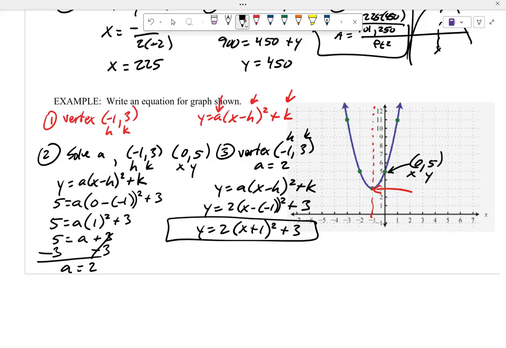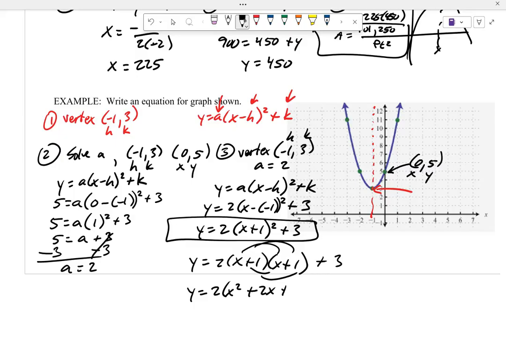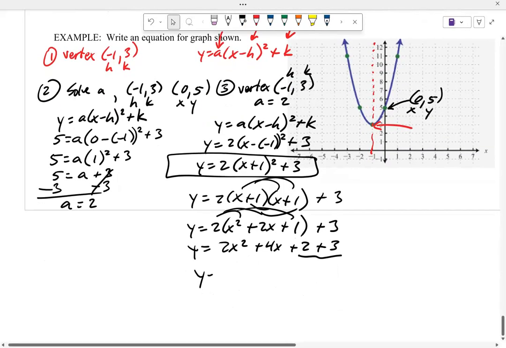Now, if they actually asked you to put it in standard form, you could just multiply that x plus 1 squared out. Distribute or FOIL that thing. Get x squared plus x plus x plus 1. Then distribute the 2 and combine like terms right there. And there it is in standard form. If you want to put it in standard form, you could do that as well.